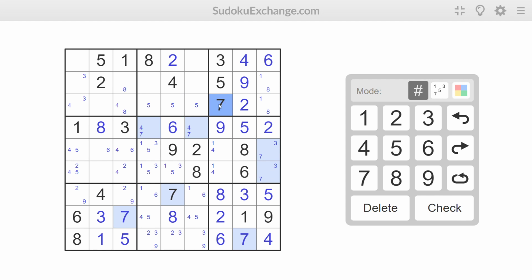Okay, 7 is already in this row, 7 is in this column, so these cells are taken, which leaves us with only these two cells which would contain a 7.